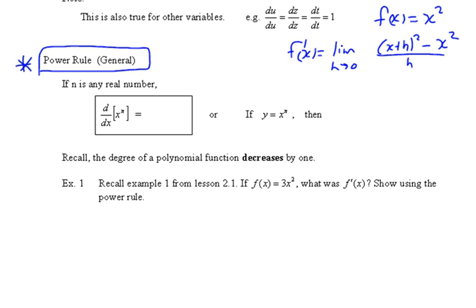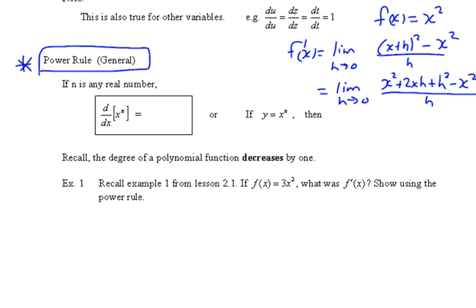Could you write that in your notes right there? We're going to simplify it. Up top, what would I get? Do you know how to square a binomial? Okay. So x squared plus 2xh plus h squared minus x squared over h.